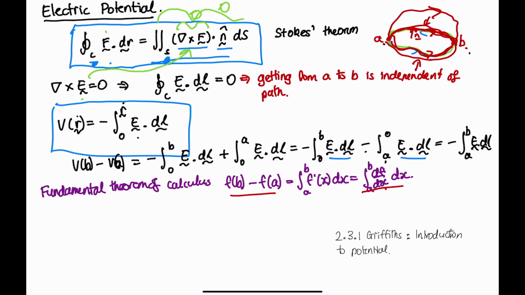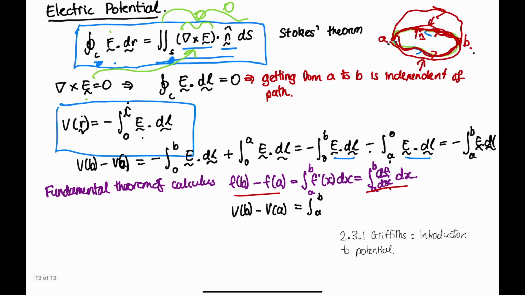So we can write this in 3 dimensions as V(b) minus V(a) is equal to the integral from a to b of, rather than writing df/dx here, we write the grad of V, and this is dotted with dl. So this is just the 3-dimensional version of our fundamental theorem of calculus.